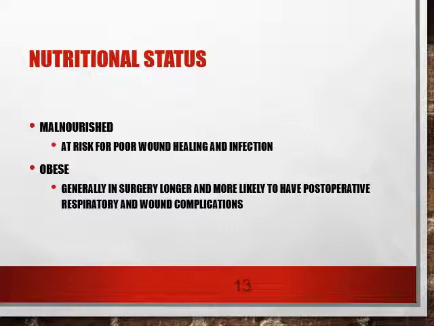Because remember, they're sitting up and their belly is right there, and it's going to make them have difficulty taking a deep breath. The other thing is, if they've had an abdominal surgery, let's say, every time they cough, it feels like those stitches are pulling. So obesity can cause complications for their wounds opening up.